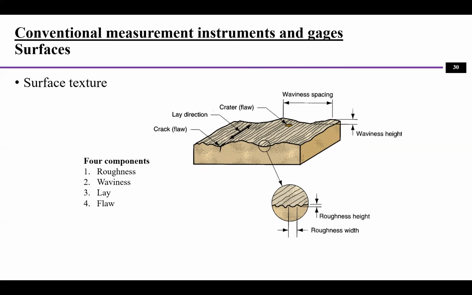And these are the lays. Of course, sometimes you also see craters, like this. These are the flaws of the surface. So when we are evaluating a product surface, typically we look at the surface from these perspectives.